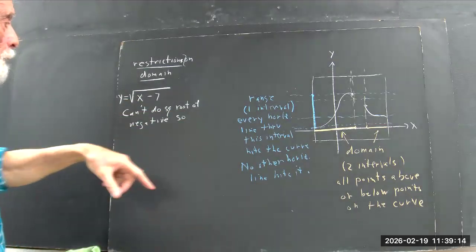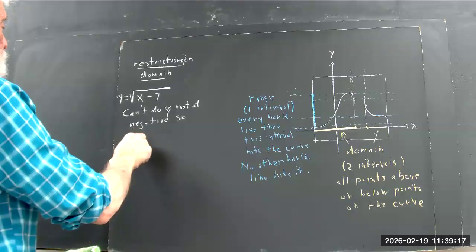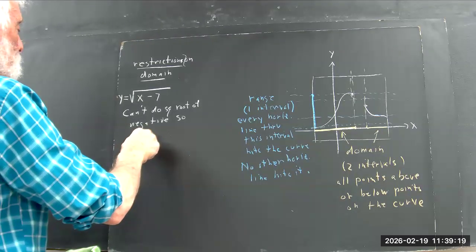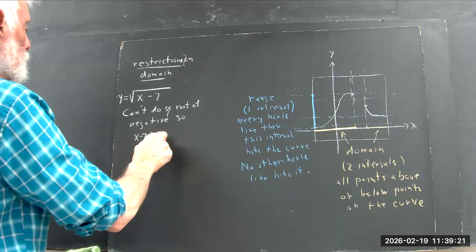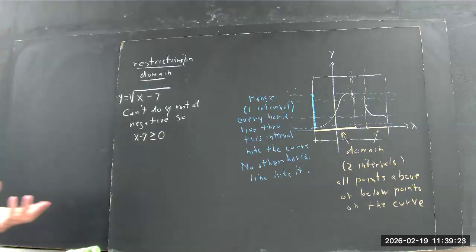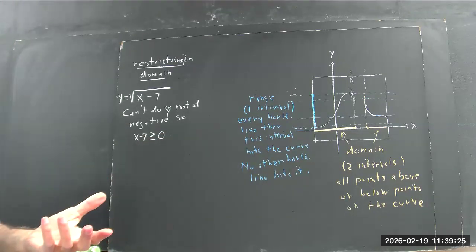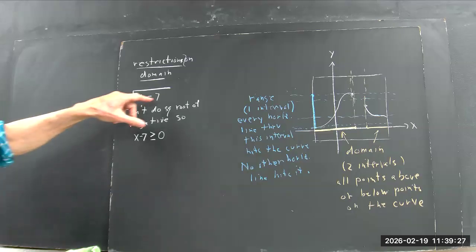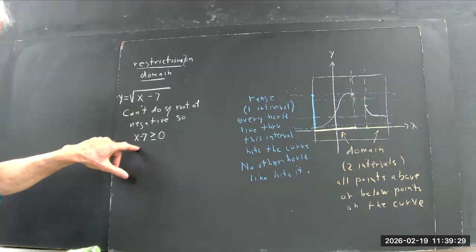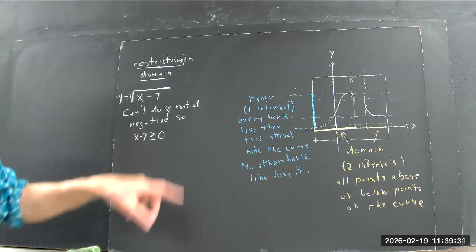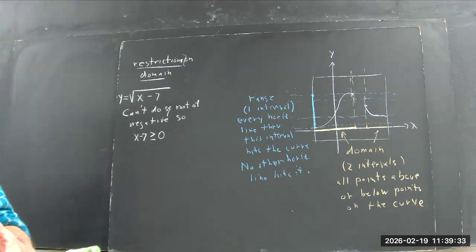You can't do the square root of a negative number. So x minus 7 has to be at least 0. Okay? So whatever you got under the square root, you write that thing and say it's got to be greater than or equal to 0 and solve the inequality.